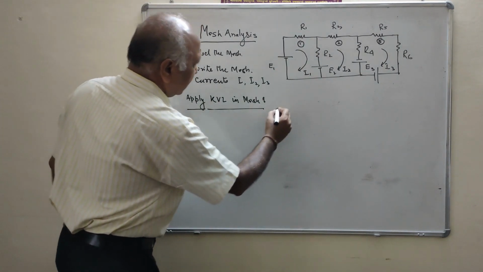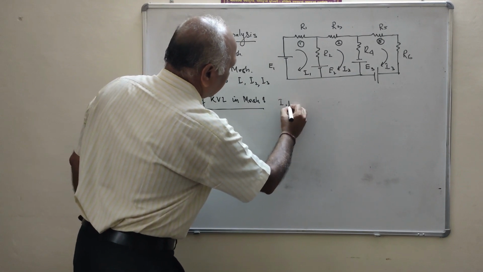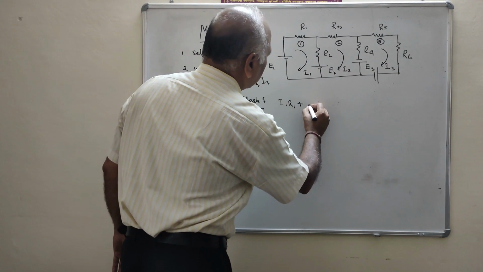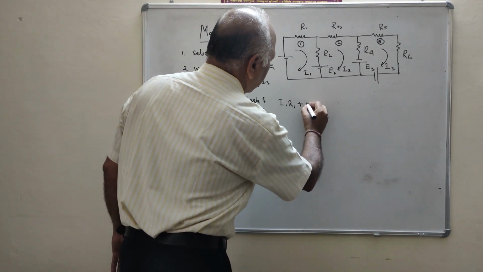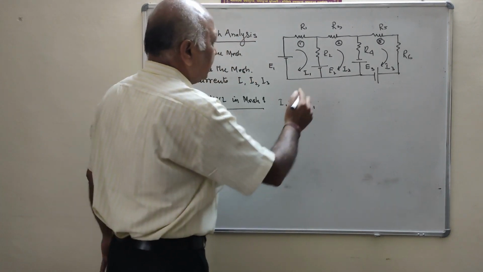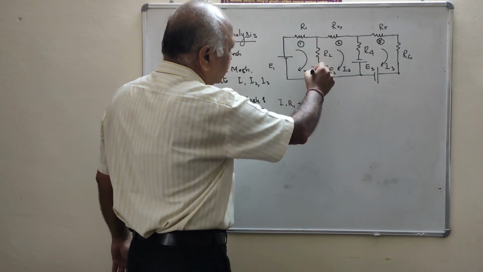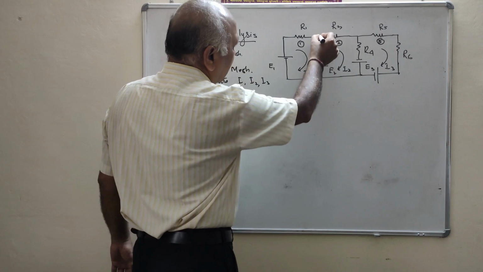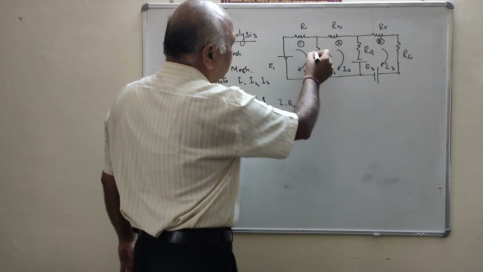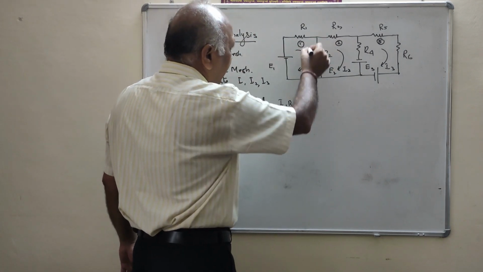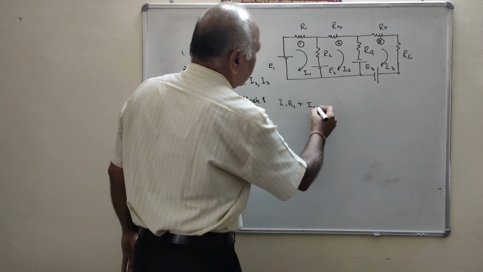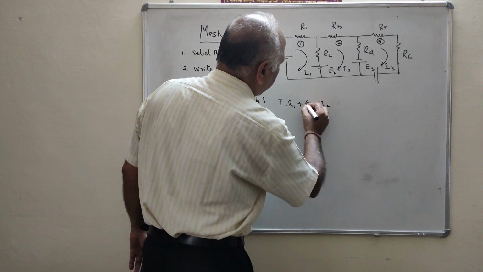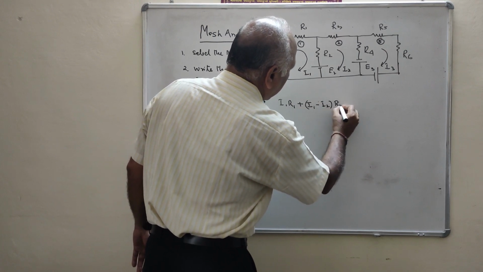Then this is I1 R1 plus I1, look carefully, it is very important. Here the current is coming downward, I2 is the current going upward. For mesh 1, I1 is the dominating current. That means it will be written as I1 minus I2 into R2.